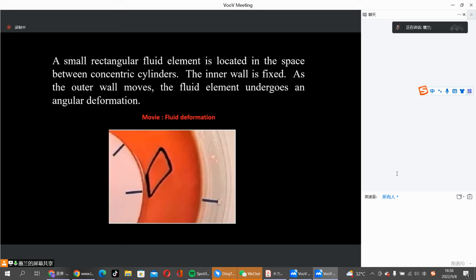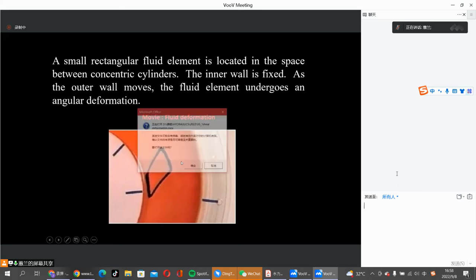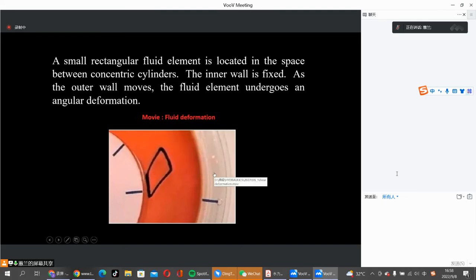Just like this, we can regard the fluid as layers. We have the layer in contact with the outer wall, and then fluid layer, fluid layer, fluid layer.